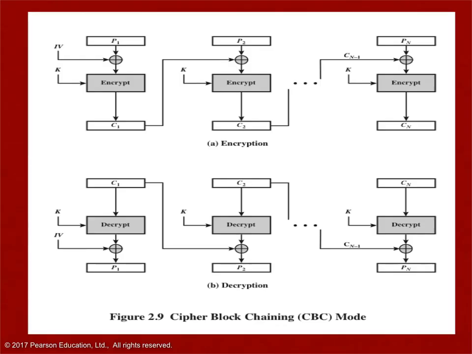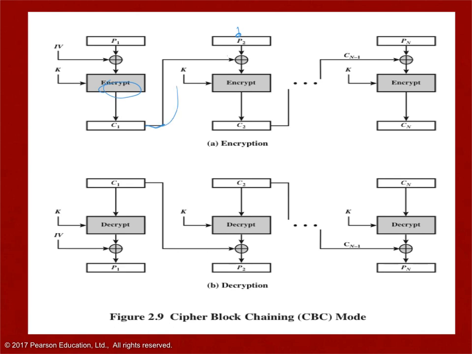This is one of the modes of operation. It's called cipher block chaining. Here we have the plain text, and then we do the encryption as normal and come up with the cipher text. But as you can see, for every step, we take the cipher text from the previous step and XOR it with the plain text.